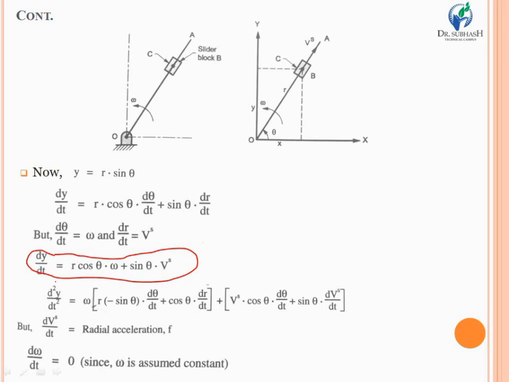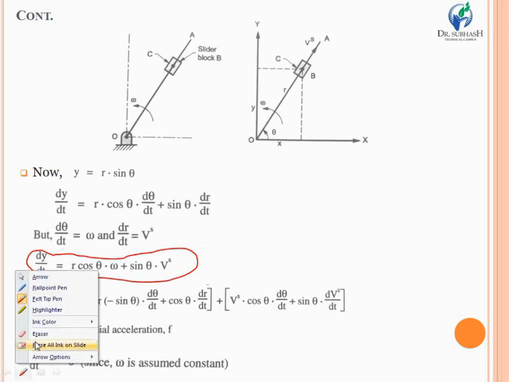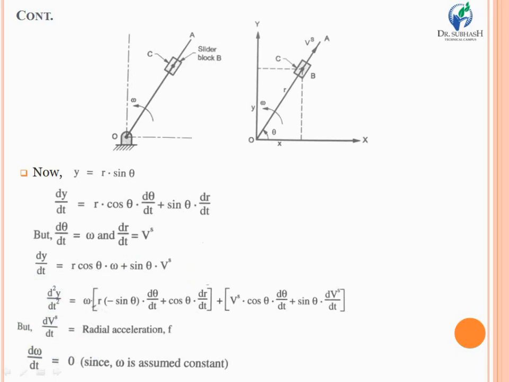So d square y upon dt square is equal to omega in bracket r minus sin theta d theta upon dt plus cos theta into dr upon dt, plus Vs into cos theta into d theta upon dt plus sin theta into dVs upon dt.